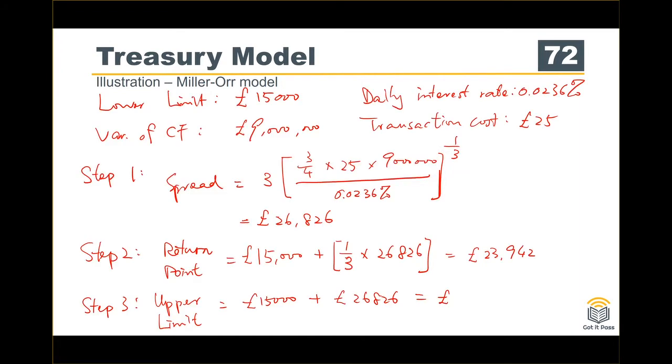Okay, so the upper limit is £41,826. So we get the spread, we get the return point, we get the upper limit. Okay, for lower limit, okay, is given. It's £15,000, which is the buffer cash that the company wants to keep.